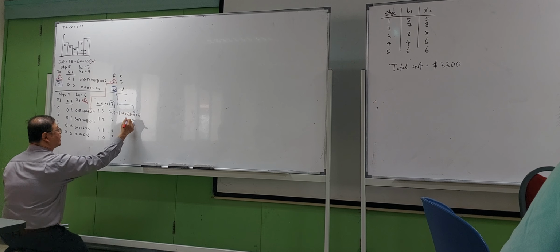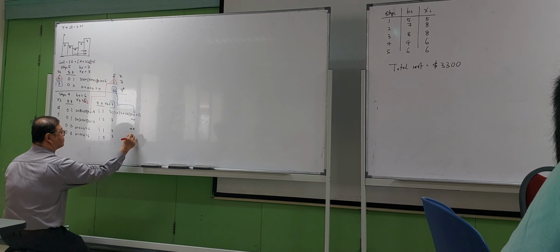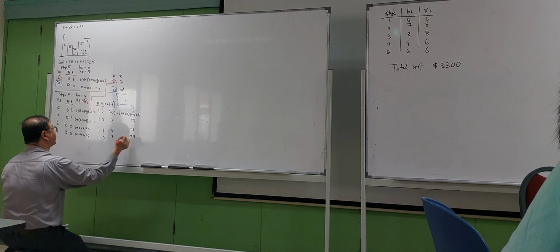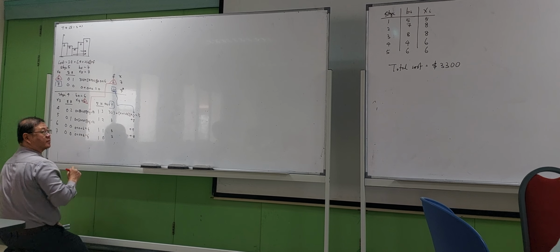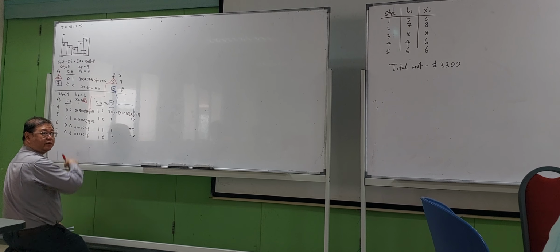Okay, so this one here is the F value, it must be all plus 0. Okay, see here, this one should be the same. This one should be the same. Okay, understand? That's how we can save the time.